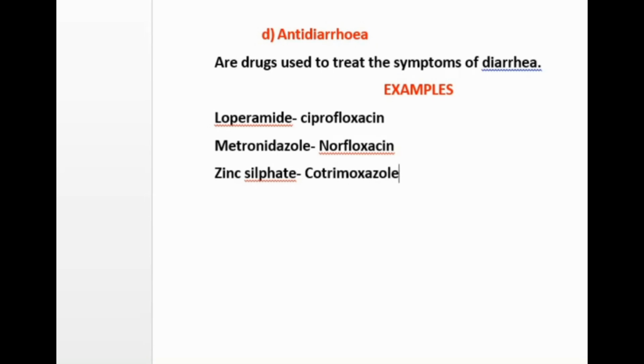The seventh is erythromycin. The eighth is tetracycline.